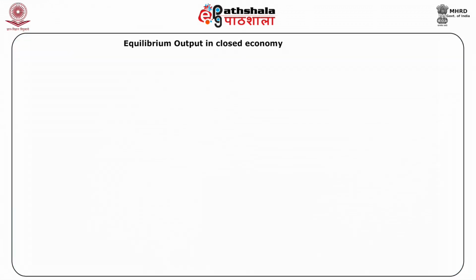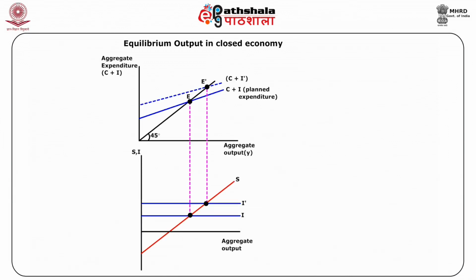The equilibrium in a closed economy can be seen graphically. In the first panel, the 45-degree line serves as the reference line where output and expenditure are equal.